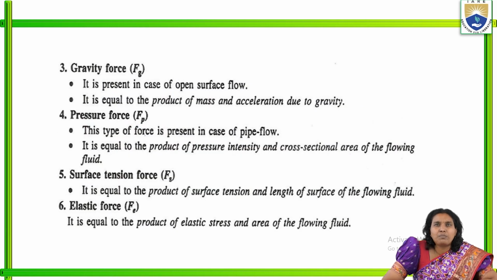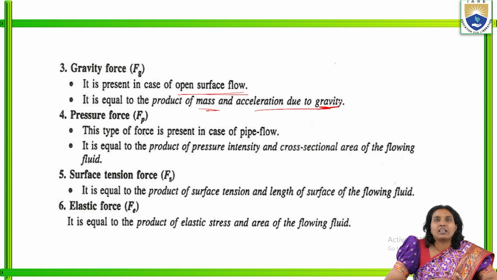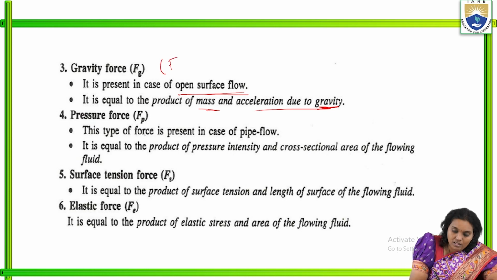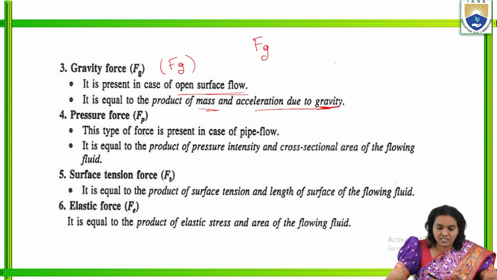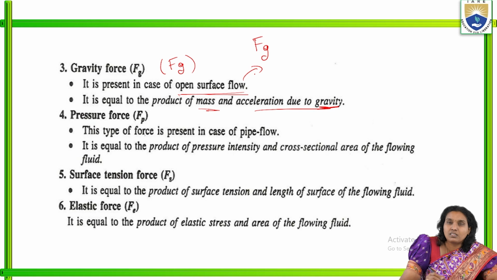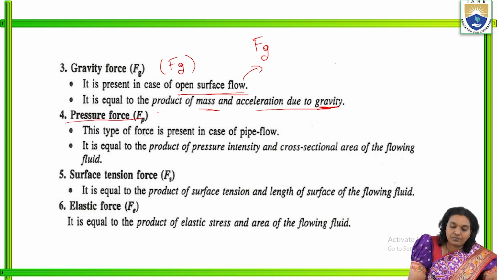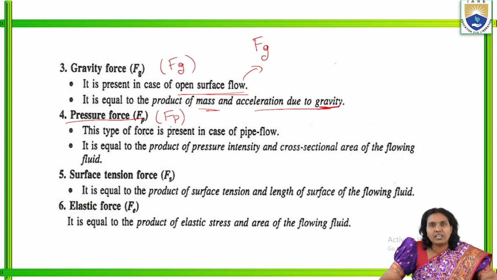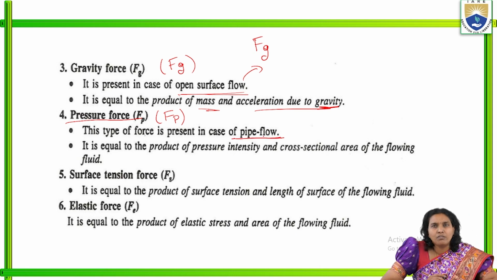Gravity force. It is present in the case of open surface flow. It is equal to the product of mass and acceleration due to gravity. This is denoted by F with suffix G. The next one is pressure force, with suffix P. This is present in the case of pipe flow.